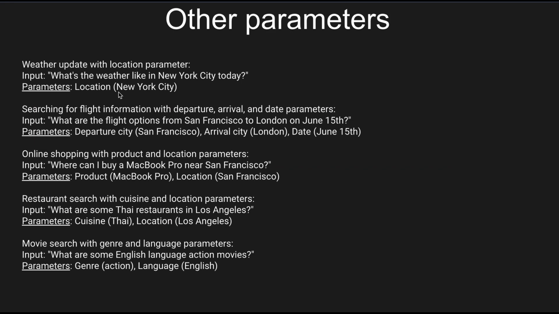Other parameters, for example, you can use locations and product names and genre and stuff like that. And these come naturally in our language when we ask a question. You just need to remember that it's a computer and you can't be very vague because you're going to get a vague result.